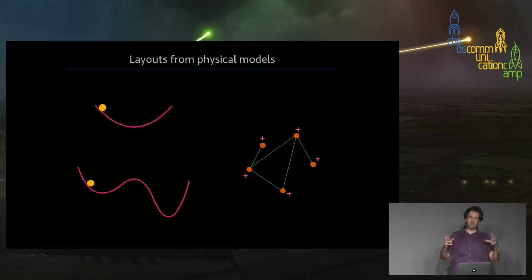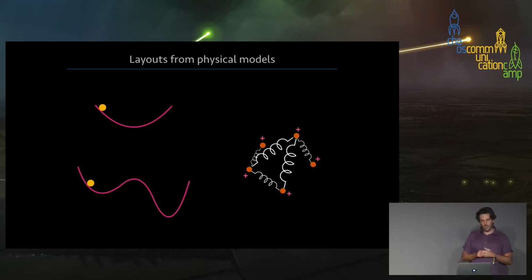So the equal charges repel each other. And whenever we have a connection between two of these point particles, we consider that there is a spring between them. So now we have moved from the situation of having this graph to a situation of having a physical system of charged particles connected by springs whenever there is a connection between them.